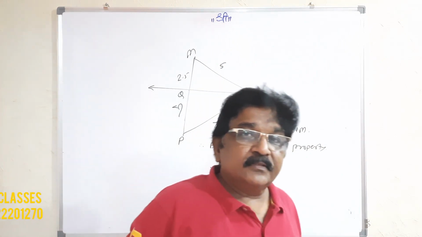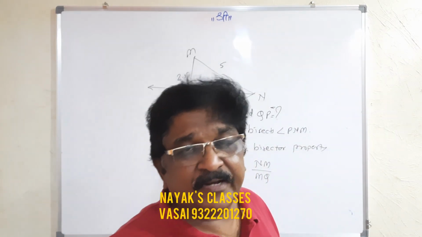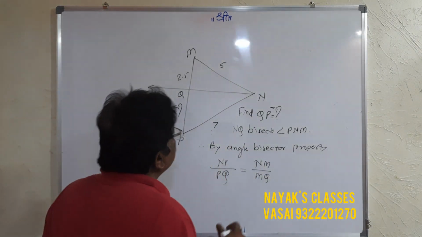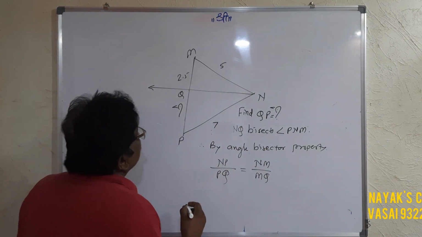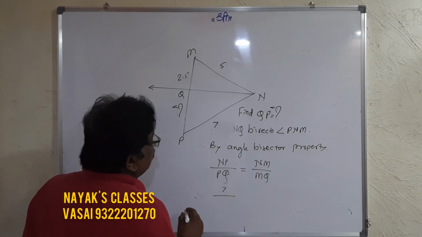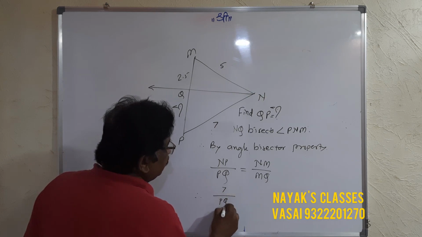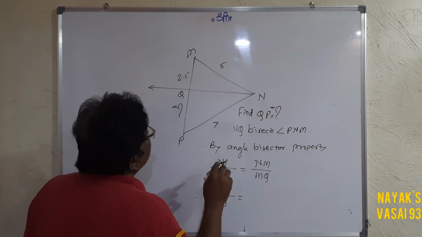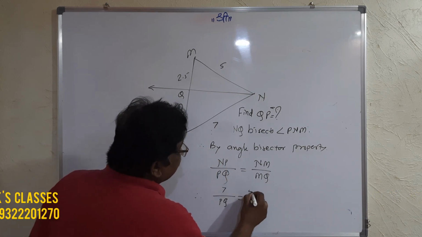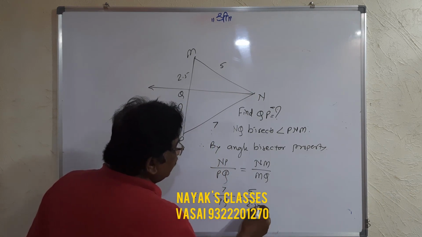Now to find that missing measurement, put the values. NP is 7 upon PQ is unknown, equal to NM is given 5 and MQ is 2.5.